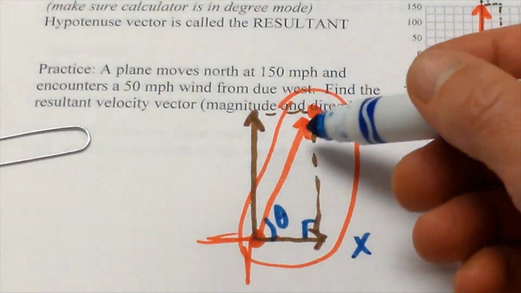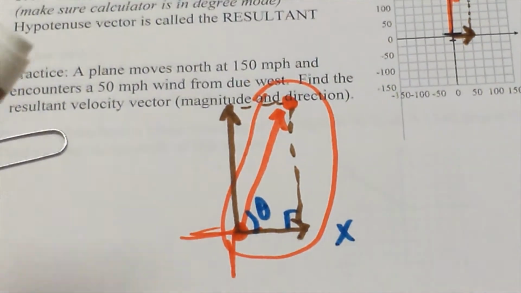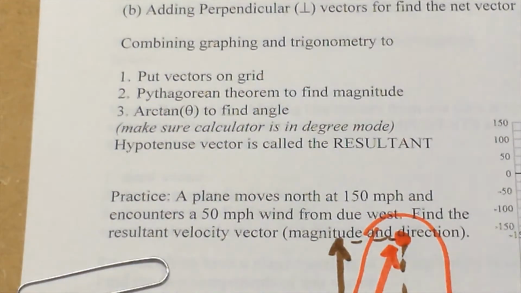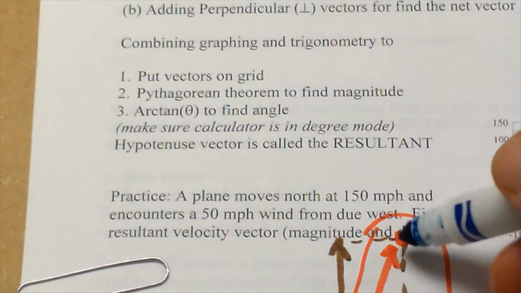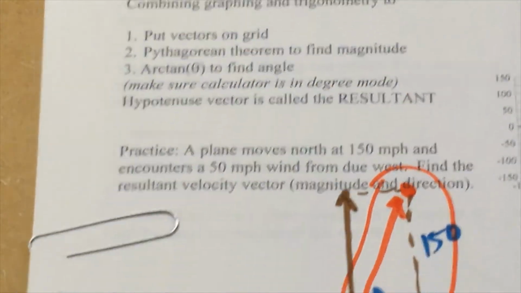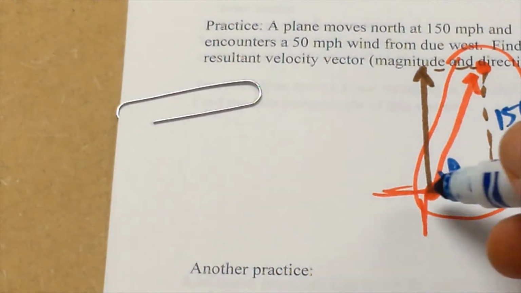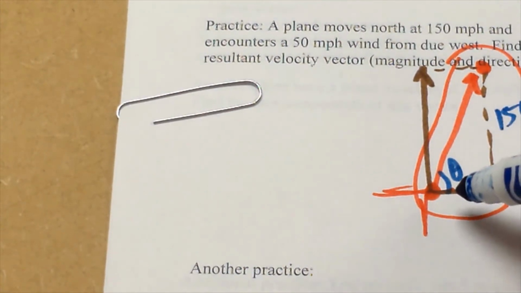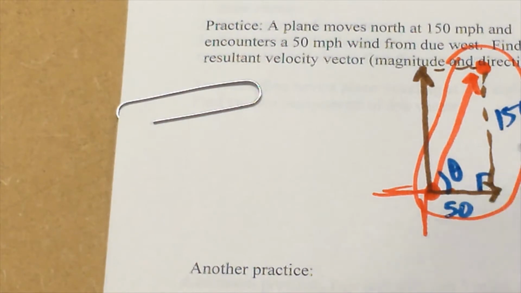And that hypotenuse can be found with the Pythagorean theorem. So we know that this vertical leg was 150, and this adjacent leg, or the horizontal leg, was the 50 mile per hour wind.